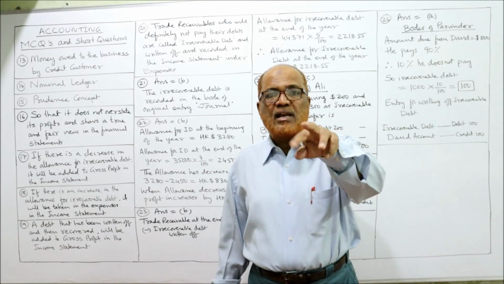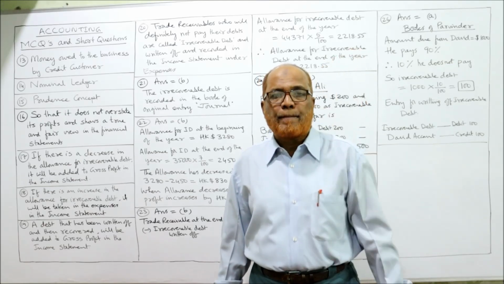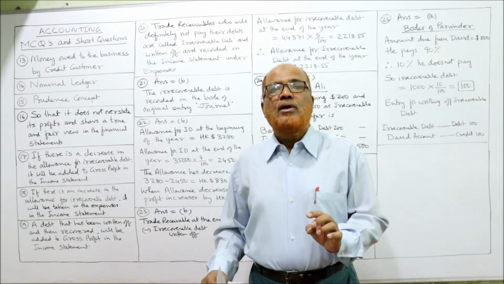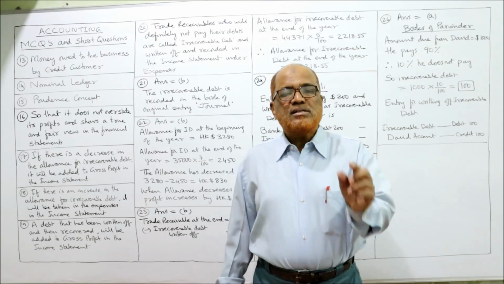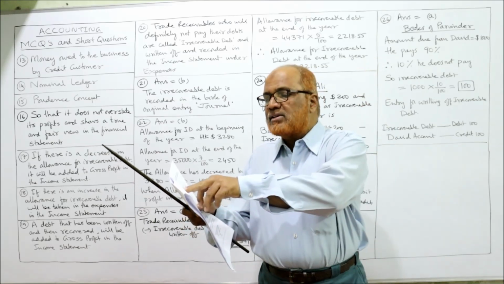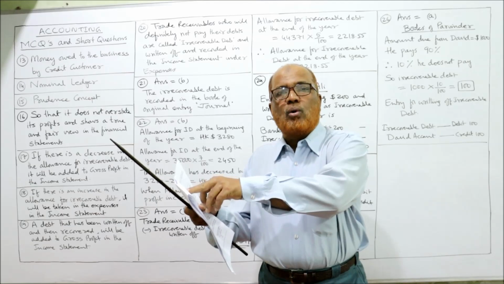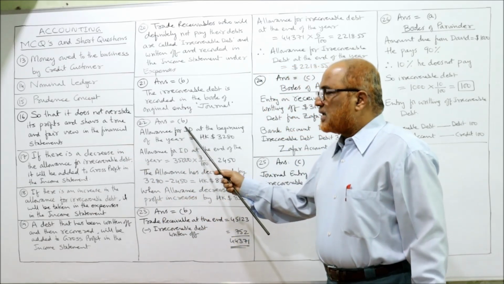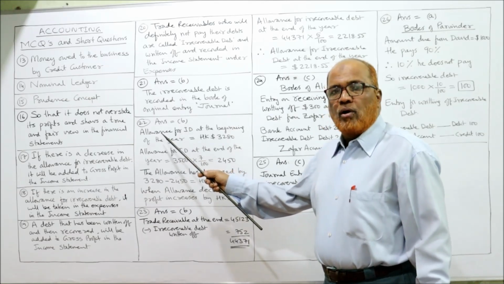So there is an inverse relationship between allowance and profit. We compare the allowance at the beginning of the year, 3,280, with the allowance at the end of the year, which we have to calculate. Answer is B. We'll see how we got B.